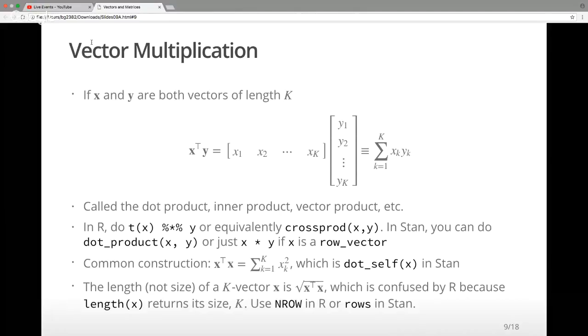But dot_self, which is intended for that purpose, is going to be more efficient because Stan knows the tricks to do auto differentiation with dot_self. It doesn't require as much storage in the autodiff process because we just know that the derivative of dot_self with respect to x is 2x.